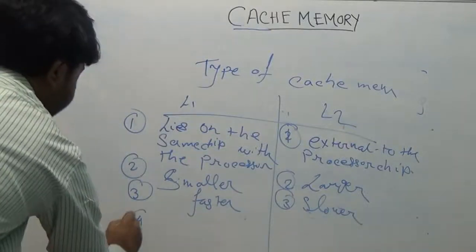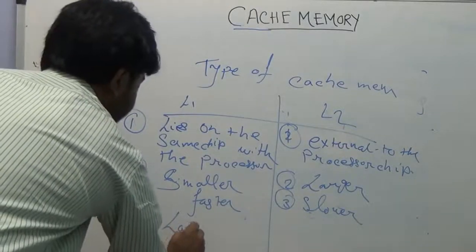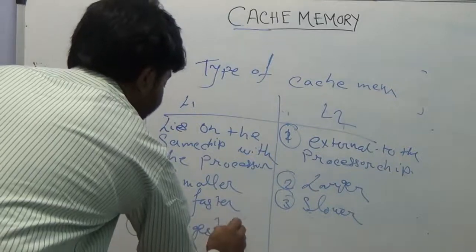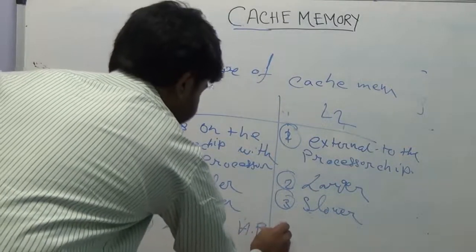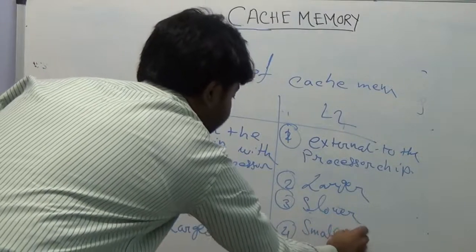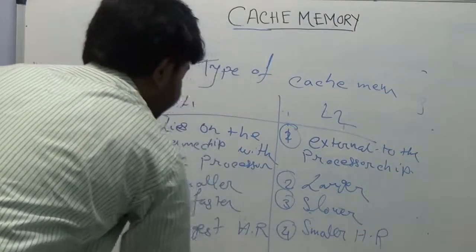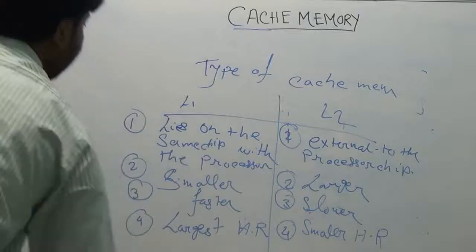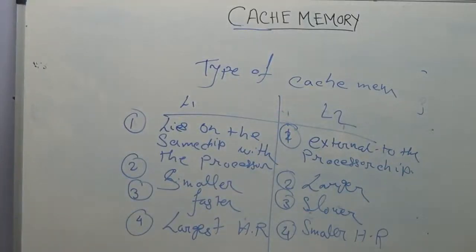Number 4, L1 has a larger hit ratio. L2 has a smaller hit ratio. So that is the types of cache memory, L1 and L2, and we have made a difference between L1 and L2.